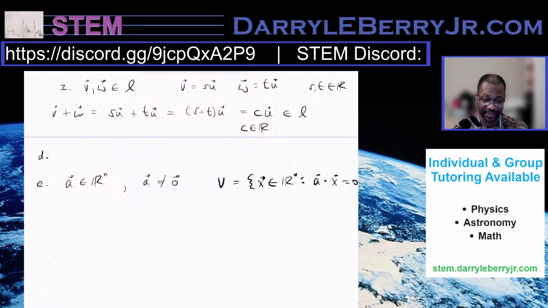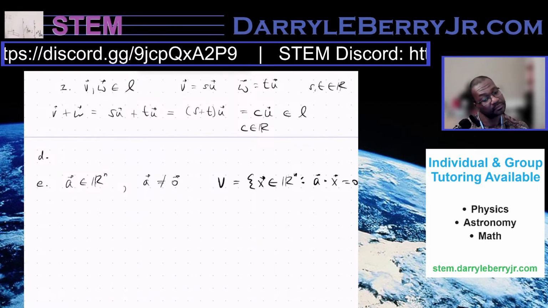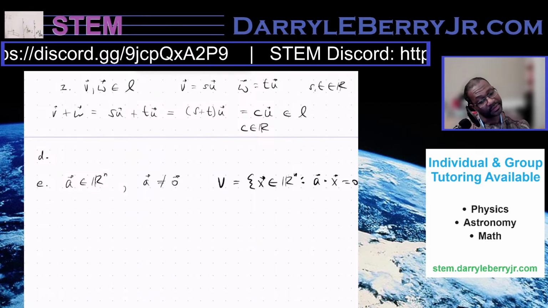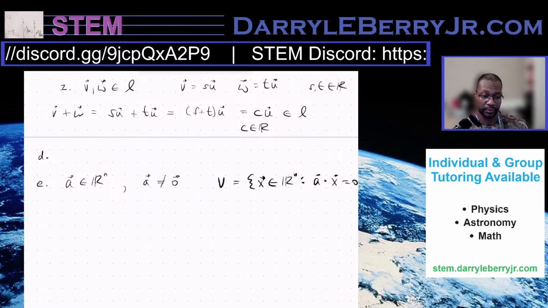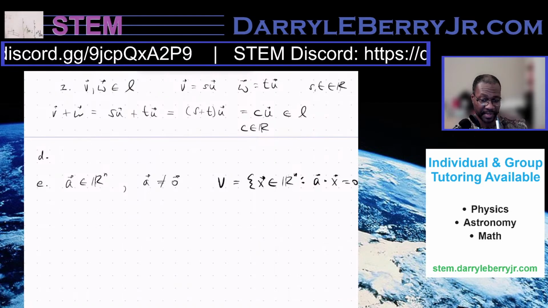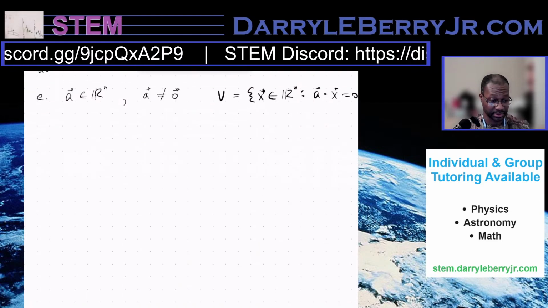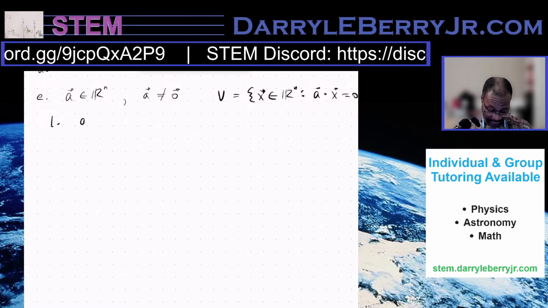We claim that V is a subspace because A is a normal vector. V includes X. As expected, we check the three criteria. So let's check this one out. So A is a normal vector.